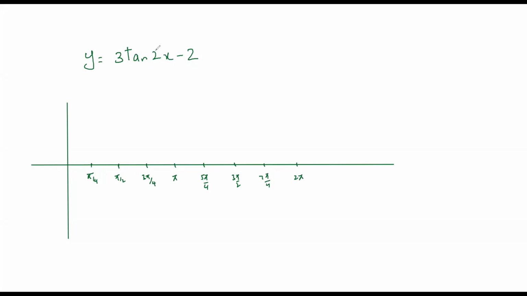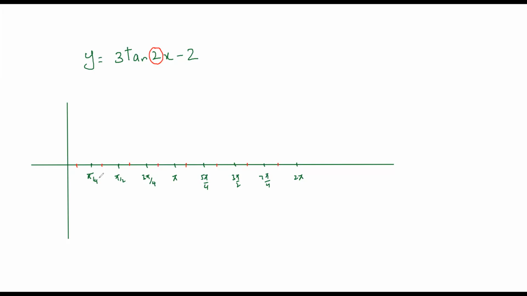Okay. Because of this 2x over here, I need to divide all these intervals further into two parts, as we were doing in the case of sine and cos. So if you have 2x, you divide this into two parts.